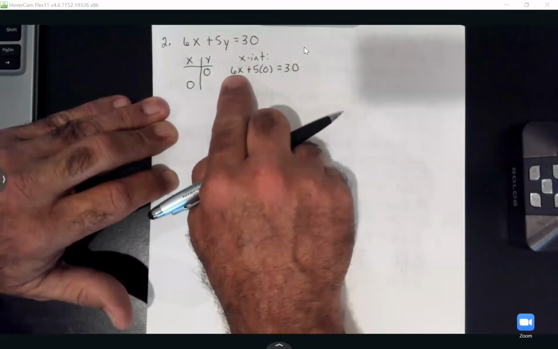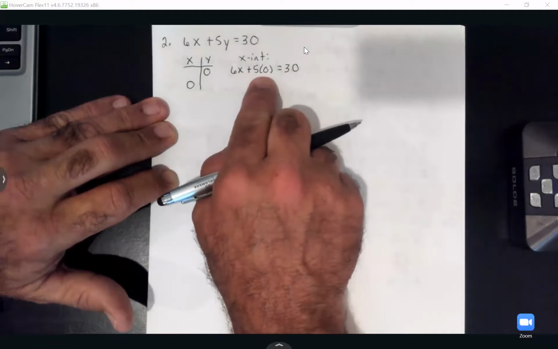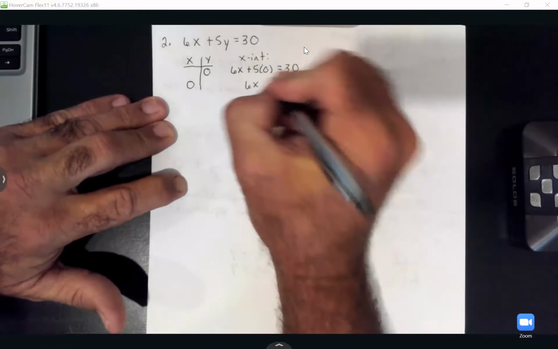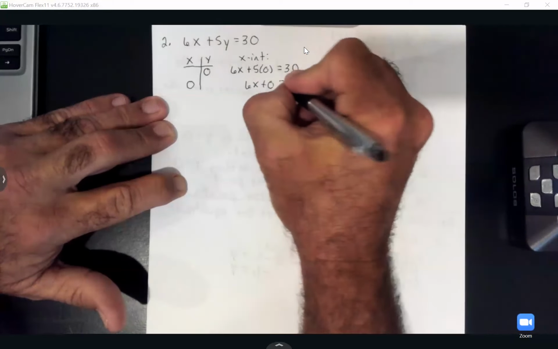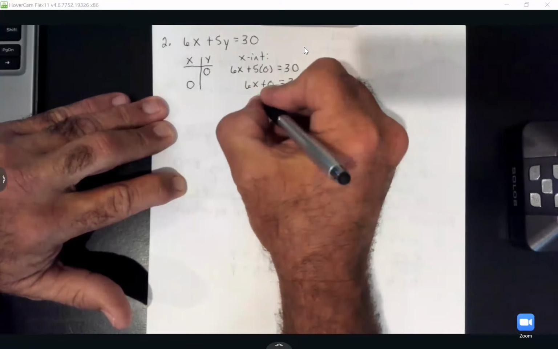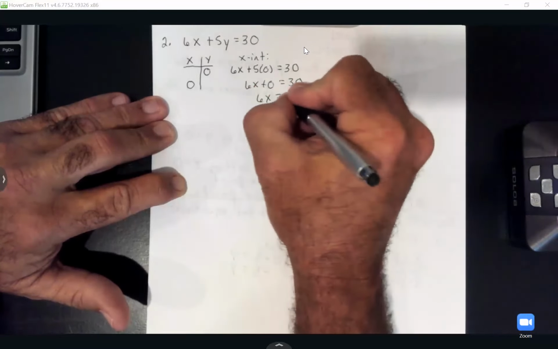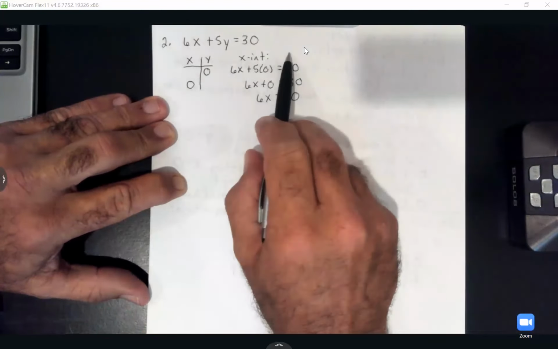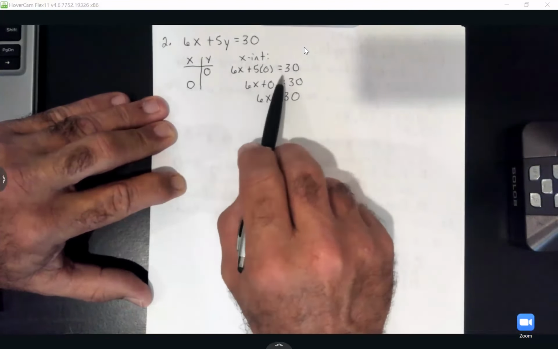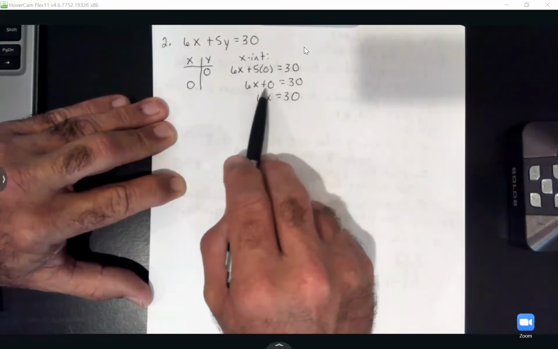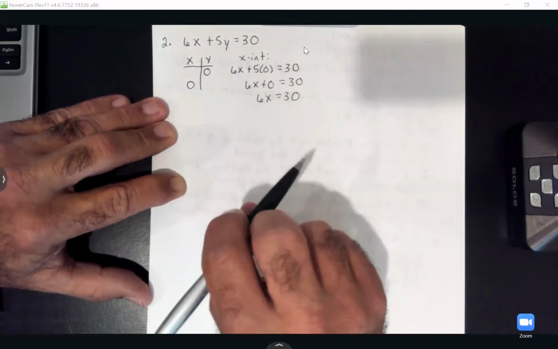Because 5 times 0 is 0, this gives me 6x plus 0 equals 30. And 6x plus 0 is 6x equal to my 30. So if you just want to cancel that out at that point and come down with 6x equals 30, that's fine, because that's all we're doing. We're getting rid of the y variable by throwing that 0 in.